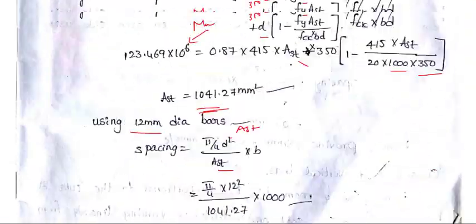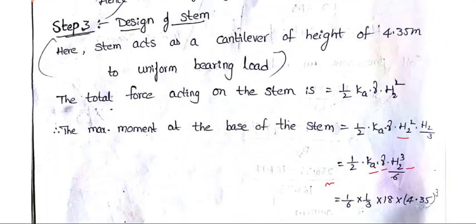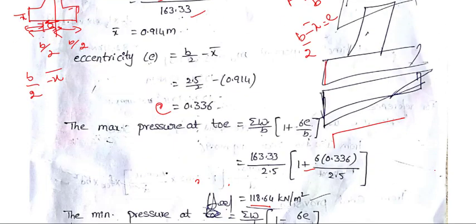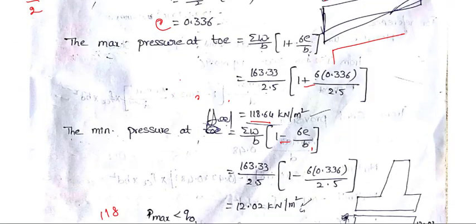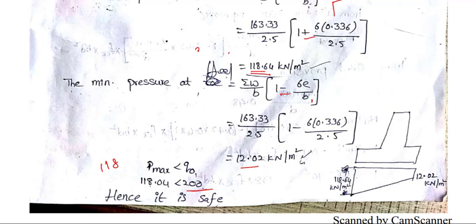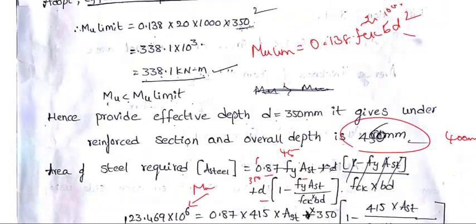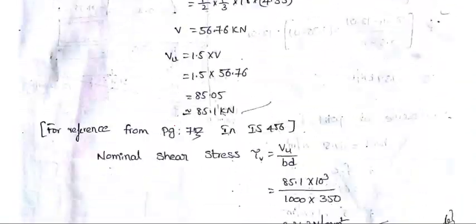From where we got this value? Here. Okay, after finding the eccentricity value, we found maximum pressure and minimum pressure and checked whether the soil can resist this maximum pressure. So from that we got these values.